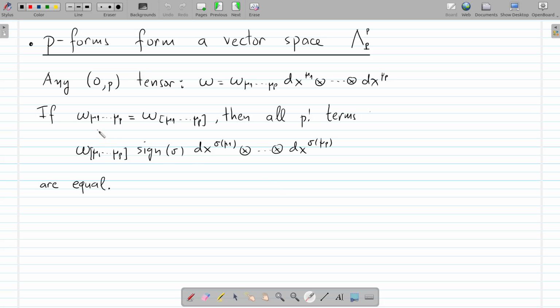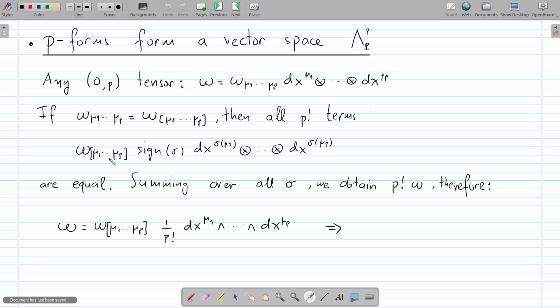If omega happens to be antisymmetric, then all those terms will be equal to each other, because here omega is simply antisymmetric. So summing over all permutations, we obtain the wedge product, and the left hand side will give us p factorial times omega.